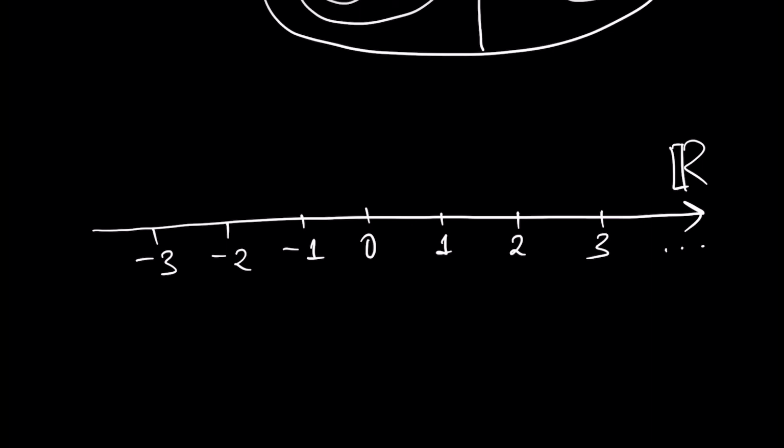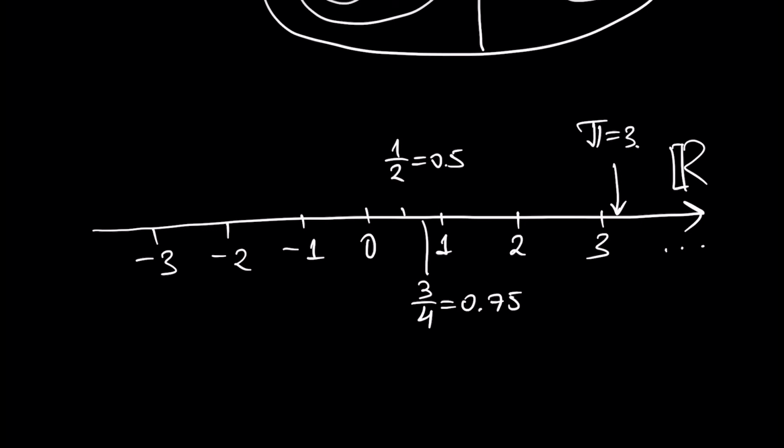We also assume that rational numbers are on this line, so say 1 over 2, which is 0.5, is here. 3 over 4, which is 0.75, is also here. Along the same line, assume any rational number is on this line. Also assume irrational numbers are on this line. For example, number pi is somewhere here, 3.14, and so on.